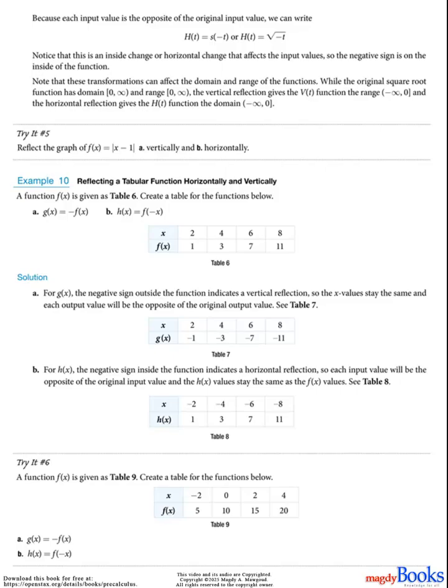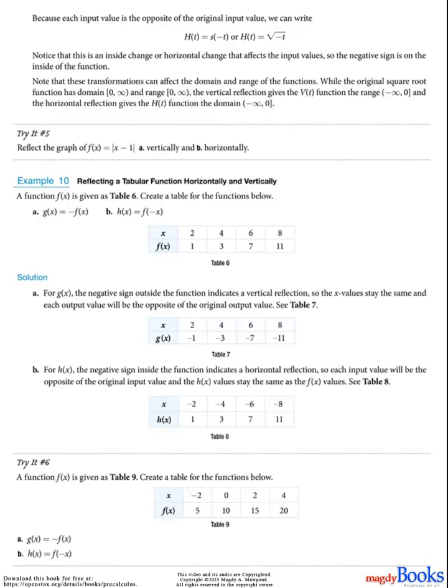Example 10. Reflecting a tabular function horizontally and vertically. A function f(x) is given as Table 6. Create a table for the functions below. a. g(x) = -f(x). b. h(x) = f(-x).